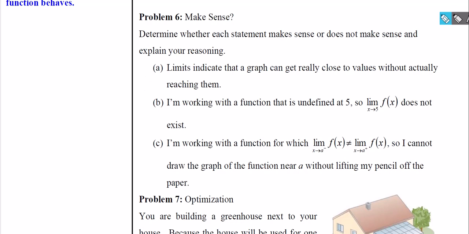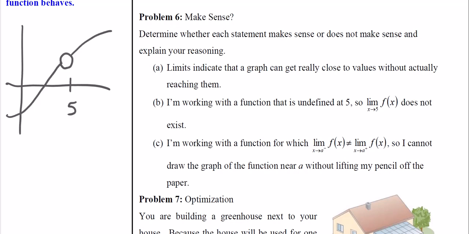Part B, I'm working with a function that is undefined at 5. So the limit as x approaches 5 does not exist. Well, that depends, right? We could draw a couple of examples of that. So we could, for example, draw a graph where we have, here's our function, right?